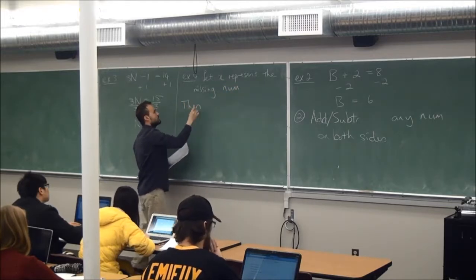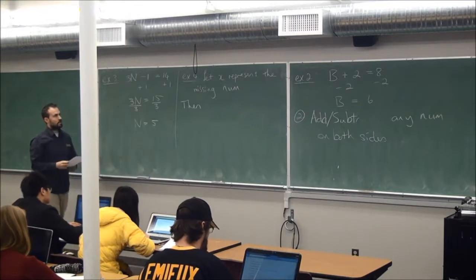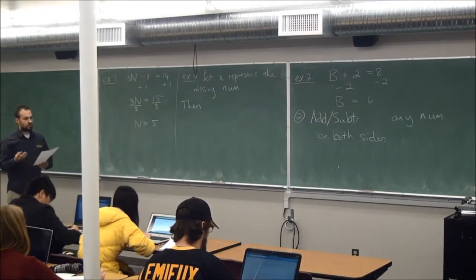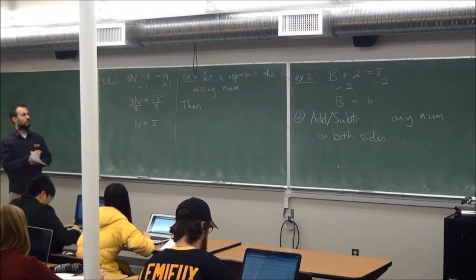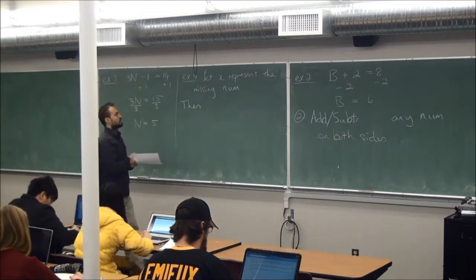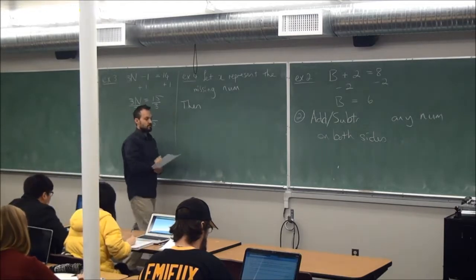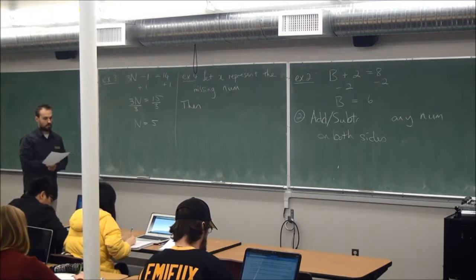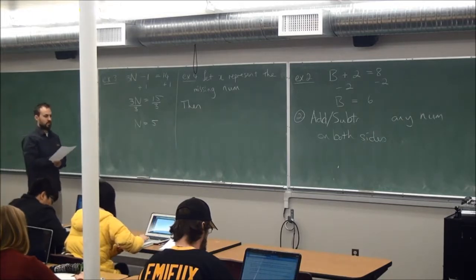Then the information that they give me, I'm going to try and capture that information with an equation. What is the equation that captures the information that says 2 times a number increased by 1 is 15?